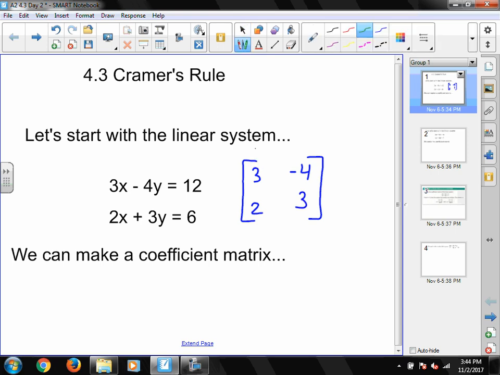Notice, I put all of my x values in one column, all of my y values in the other. Notice that the 4 becomes negative since I'm subtracting it. That way we keep that sign there. So that's really all there is to setting up a coefficient matrix. Just take the numbers in front of x and y and put them in a matrix.